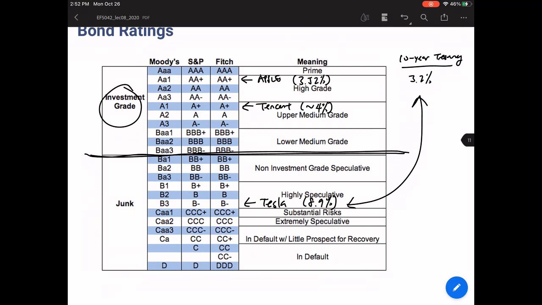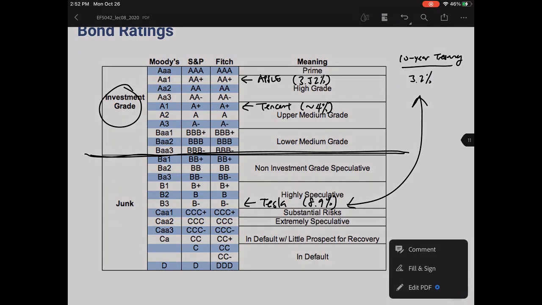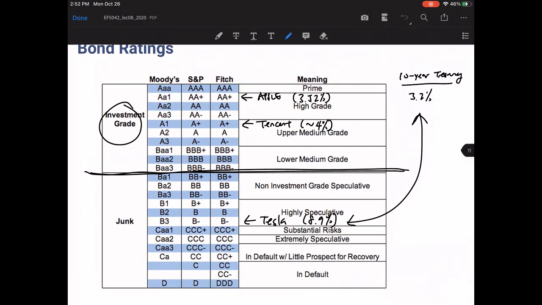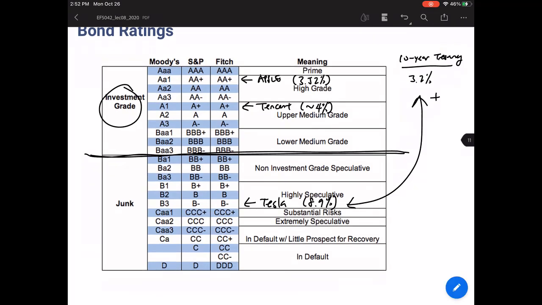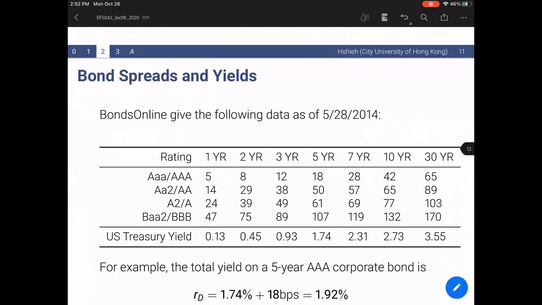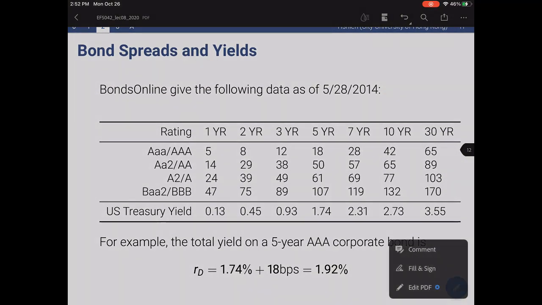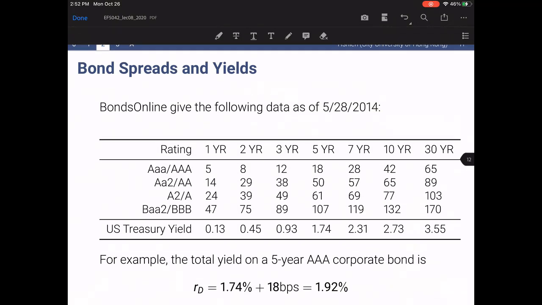All right, so that gives you an idea of the relationship between riskiness and bond ratings, and these credit agencies typically assign a spread, that means a number that's added on top of the risk-free rate, to capture this additional riskiness associated with the cash flow of the firm. So if you look on the next slide, we have a table that's provided by Bonds Online.